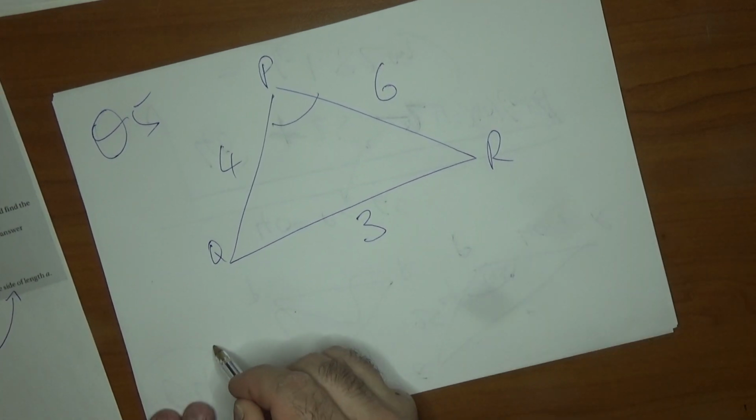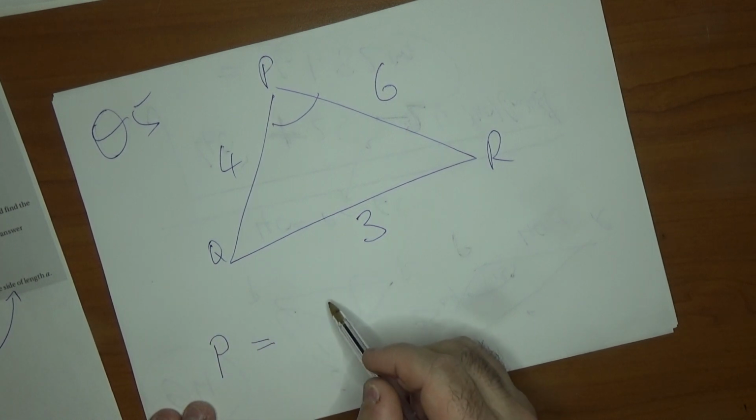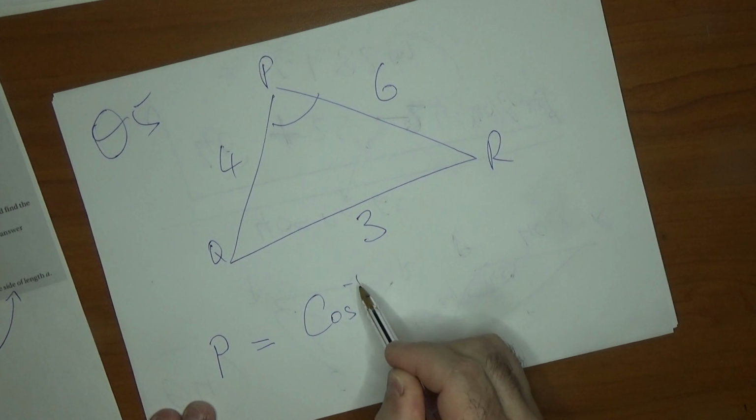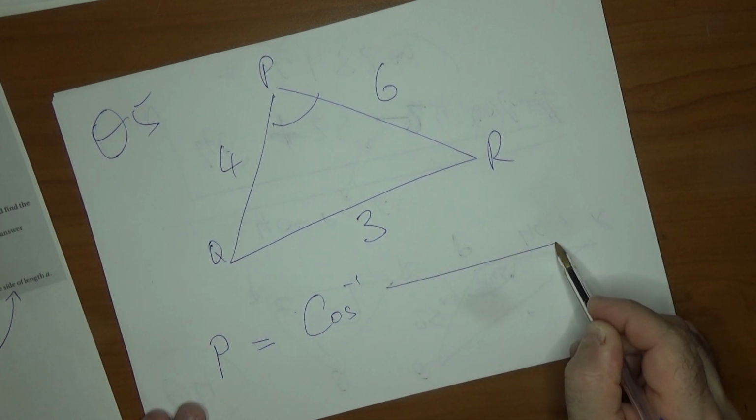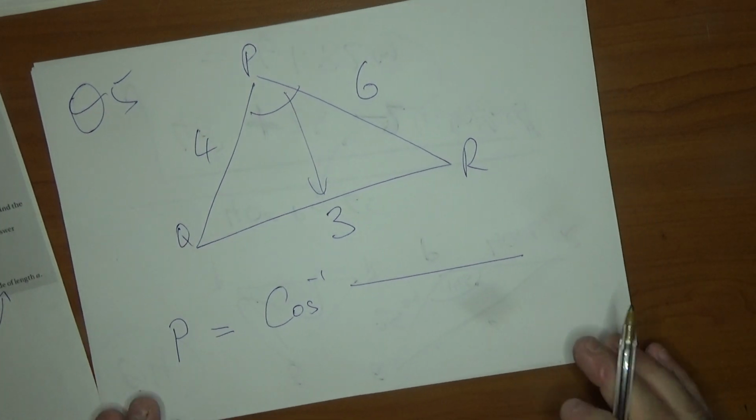So angle P is equal to the inverse cos of... now when it comes to the odd one out, the side opposite you is the odd one out. So this is how the application goes.